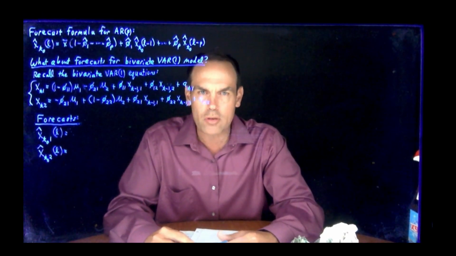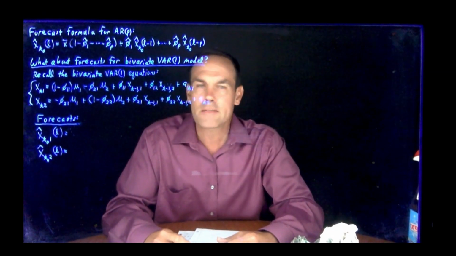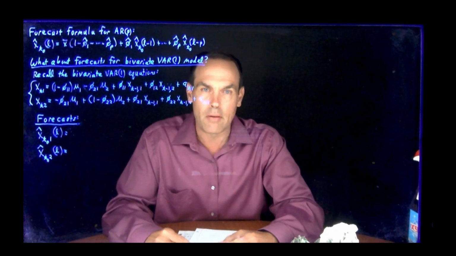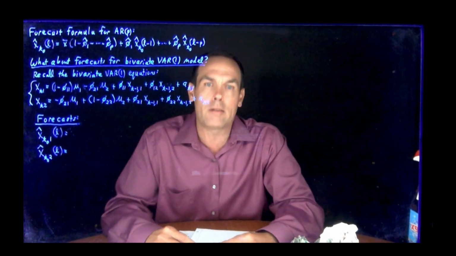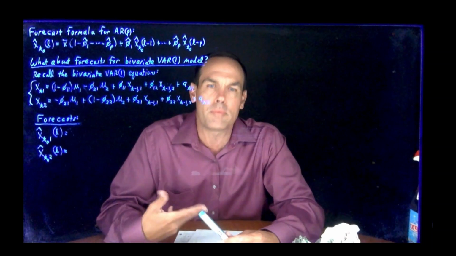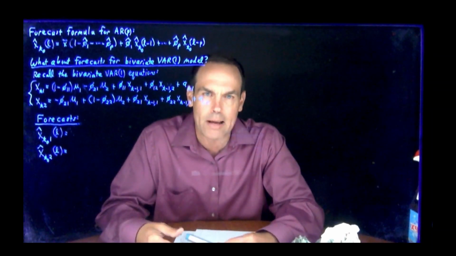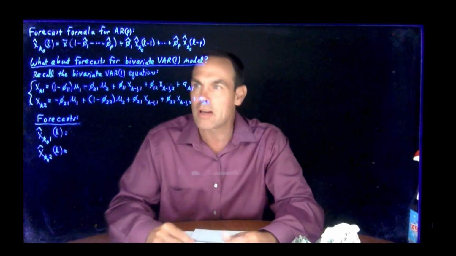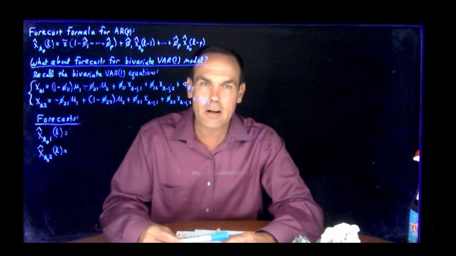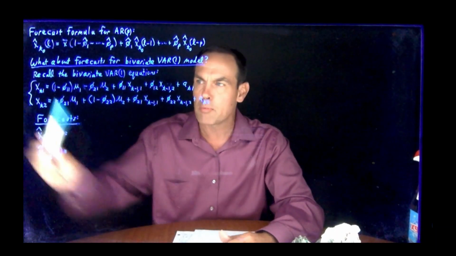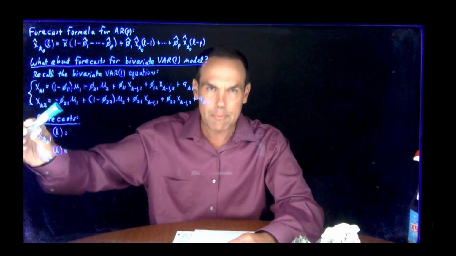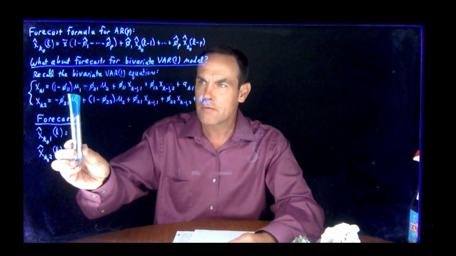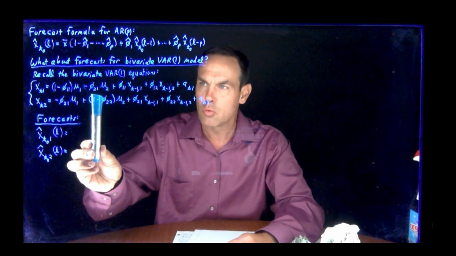Okay, well, the obvious question now is, what about the forecast for a bivariate VAR1 model? Just as we did on the light board before, the way that we tried to think about our forecast was, first of all, to consider what the model looked like. And we're going to do the same thing here. So let's recall the bivariate VAR1 equations. Remember, there will be two of them because there's two dependent variables. x_t1 equals 1 minus phi11 times mu1 minus phi21 times mu2.